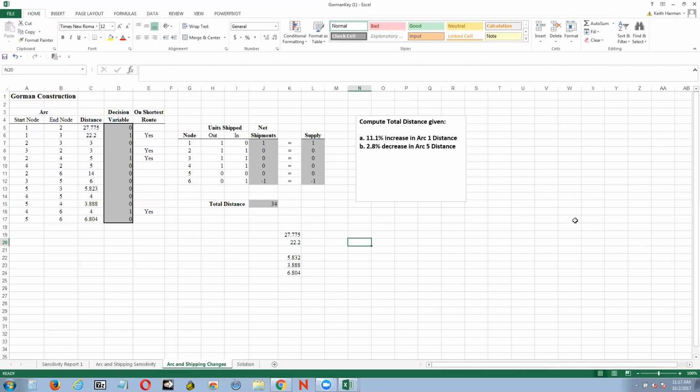And so here's what's going on. We've got the origin node, that's 1, feeding 2, 3, 4, and 5. And then 2 is feeding 3 and 4. And 4 is feeding 5, and 3 is feeding 5. And then nodes 2, 4, and 5 feed into node 6.